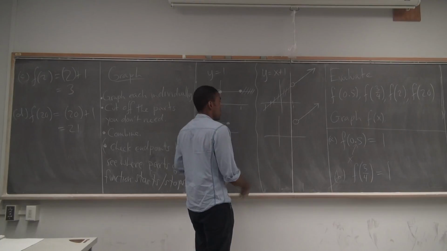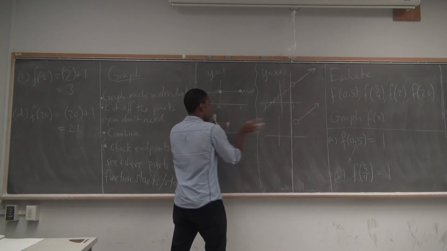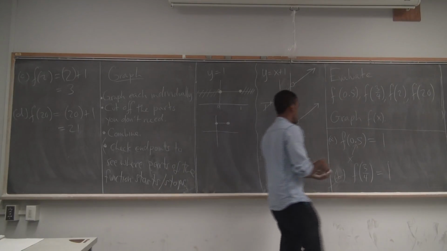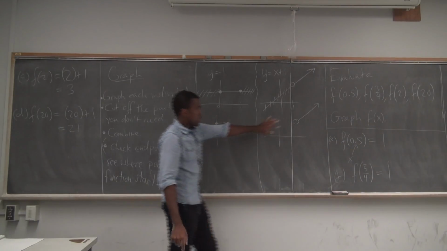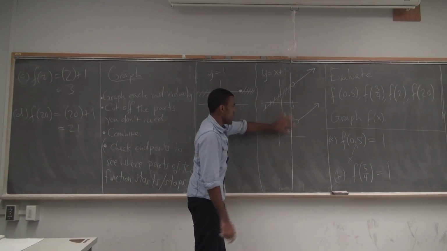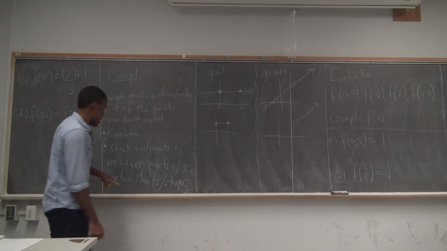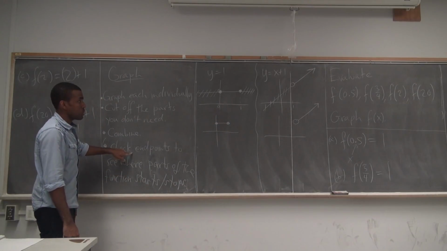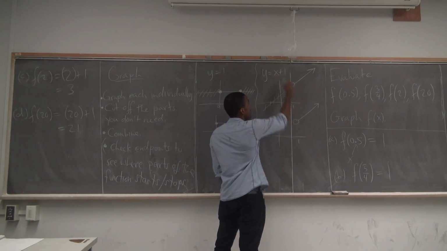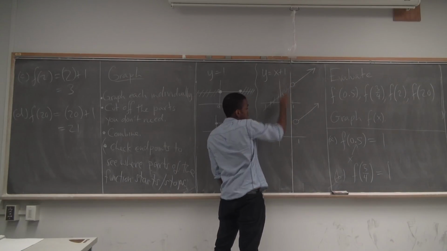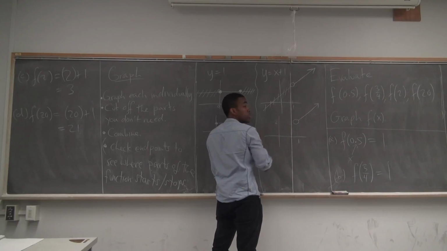And now what you do for the total graph, you're going to put these on the same picture. And as I said, if you're not exactly sure where this circle hovering in space should be, just check the endpoints by plugging into your function. So all I have to do is plug in x equals 1 into x plus 1, and I'd realize that the value is 2.